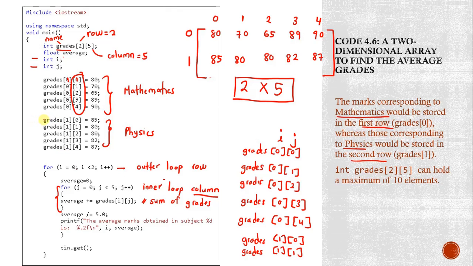So it will find my physics now, up to grades 1, and j is 4. So it will add up and get the second average for my physics course. So this is what this code is about. So you can find the average of a two-dimensional array pretty easily.